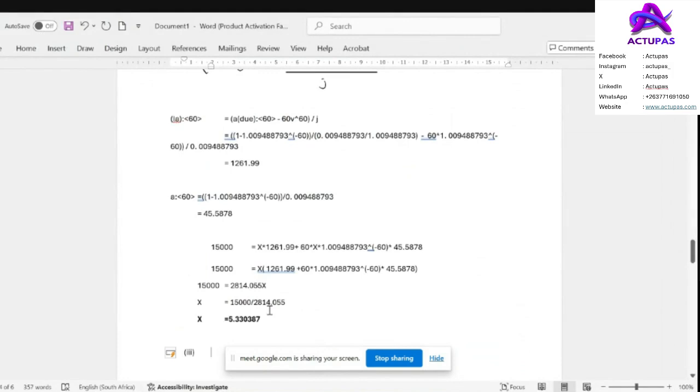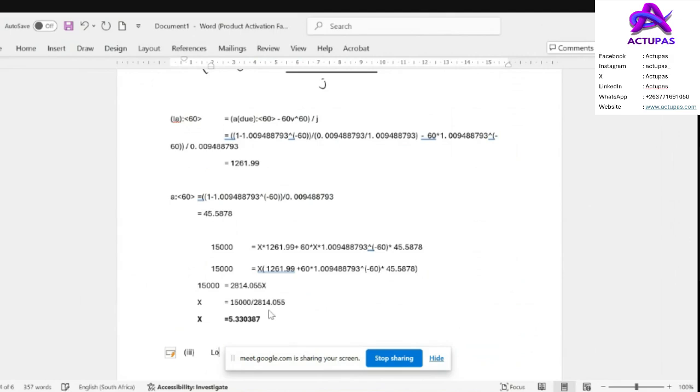So the loan outstanding at the end of December 2026, we said it will be the accumulated value of the loan minus the accumulated value of the payments made to date. So as at December 2026, we only had the increasing annuities.